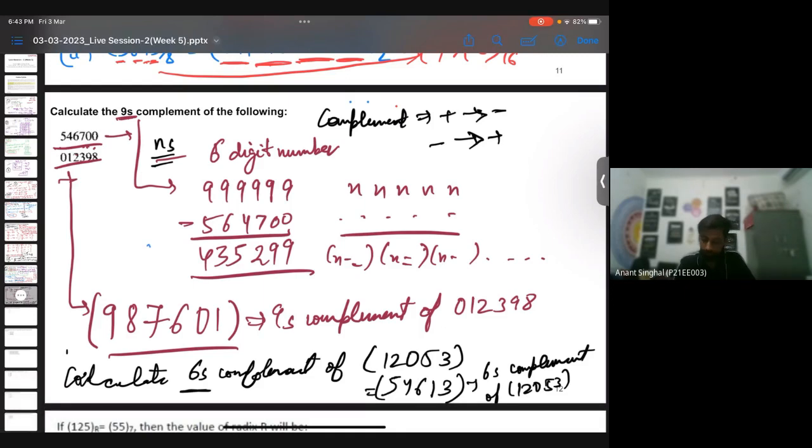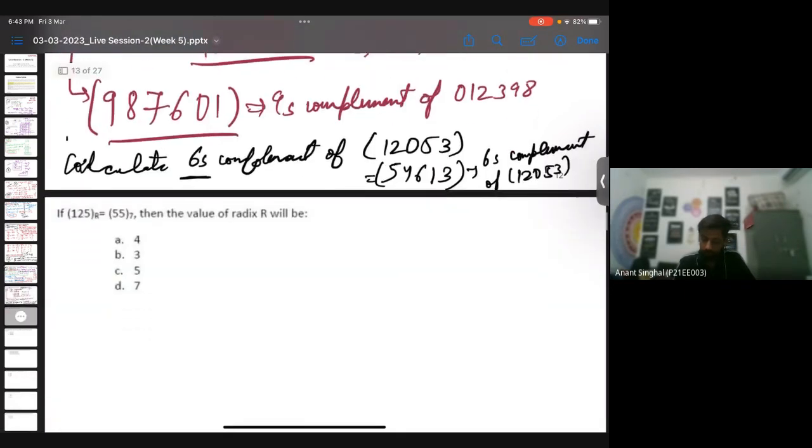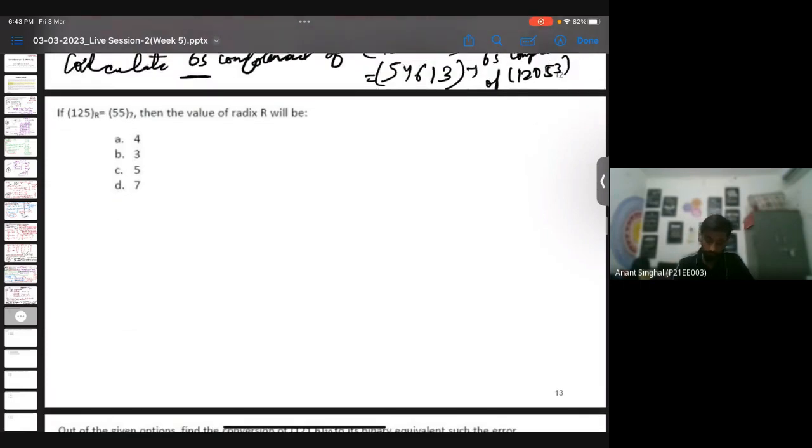So I'll proceed now. So again, this is a radix question. I have already told you the way to calculate this.